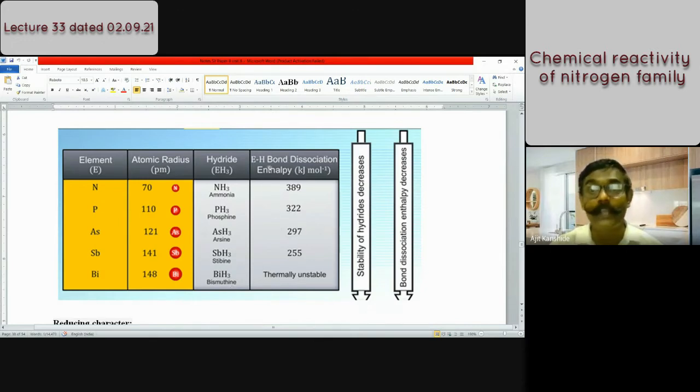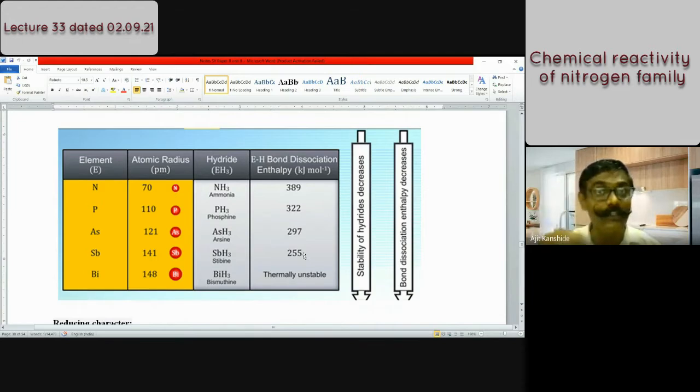For that, look at the bond dissociation enthalpy, the enthalpy needed to break the bond in those respective hydrides. In ammonia it is 389 kilojoule per mole, the highest in the nitrogen family. If you come to stibine, it is 255 kilojoule per mole, which is less compared to 389.